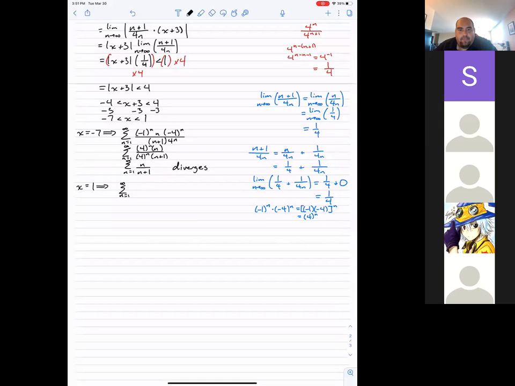It must diverge because the only time a series can converge is if the sequence converges to 0. That's absolutely correct. So if your sequence converges to something that's not 0, then your series must diverge.